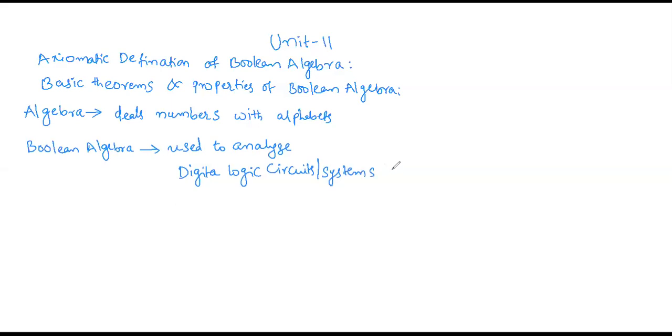What is meant by digital logic circuits? Consider logic circuits as a device, and this device operates with inputs. Digital means it has only two inputs, 0 or 1. So a device operating with the inputs zeros and ones is known as a digital logic circuit or digital system.